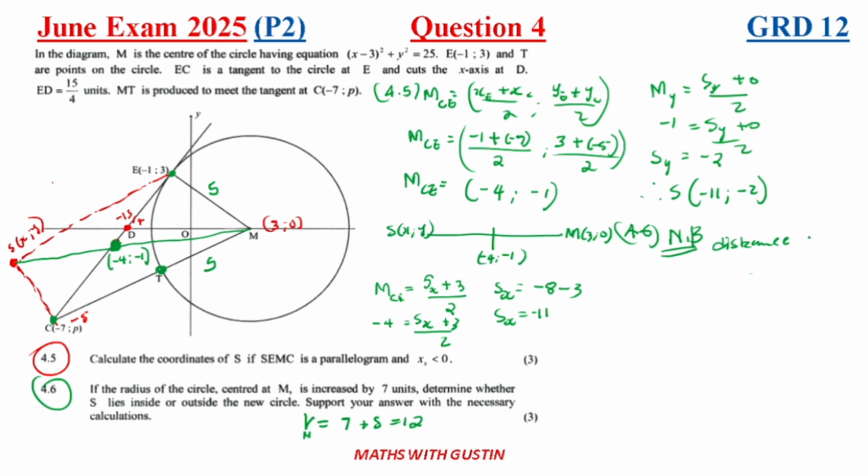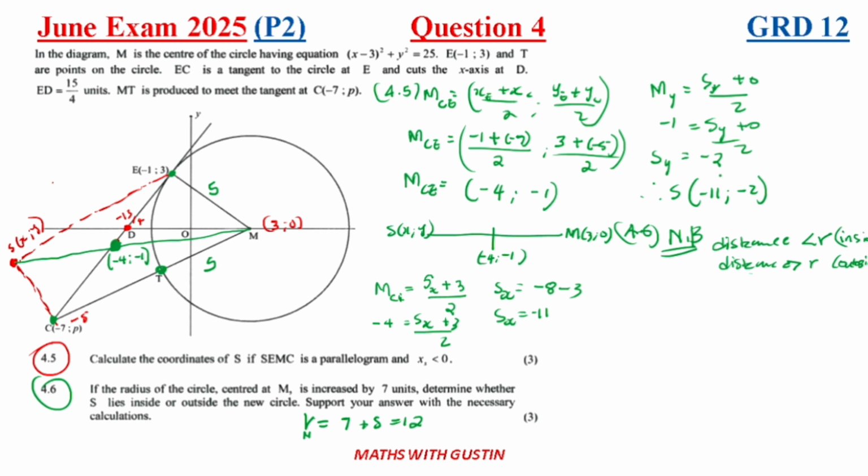If that distance is less than r, therefore the point is what? It's inside. It's inside what? The new circle. So a similar thing would happen if the distance, so please take note, guys, write this one down, is greater than r, therefore it means now you are outside the circle.